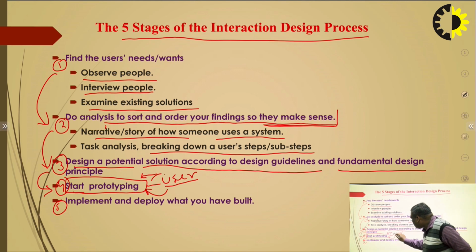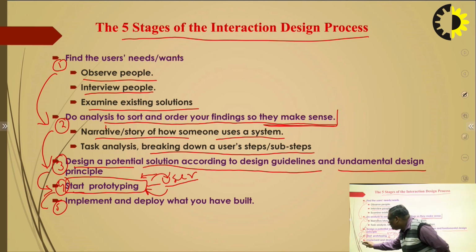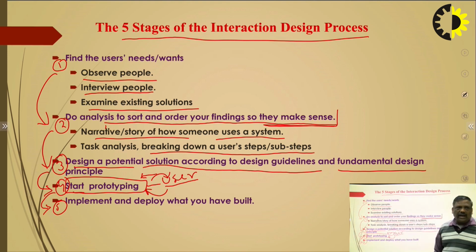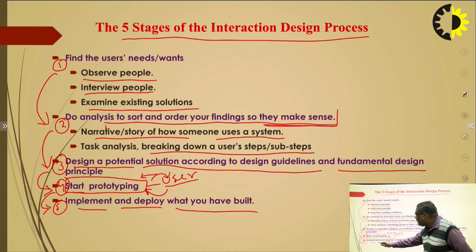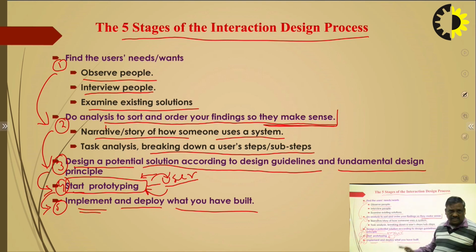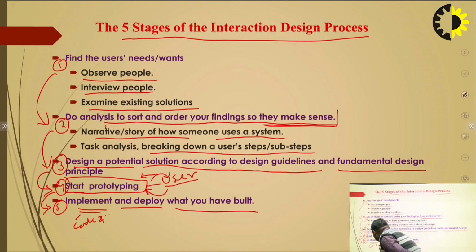If the user is satisfied with this prototype, then code it, and after testing, deploy what you have built. So implementation is a part of code and test. This is a part of code and test and deployment.